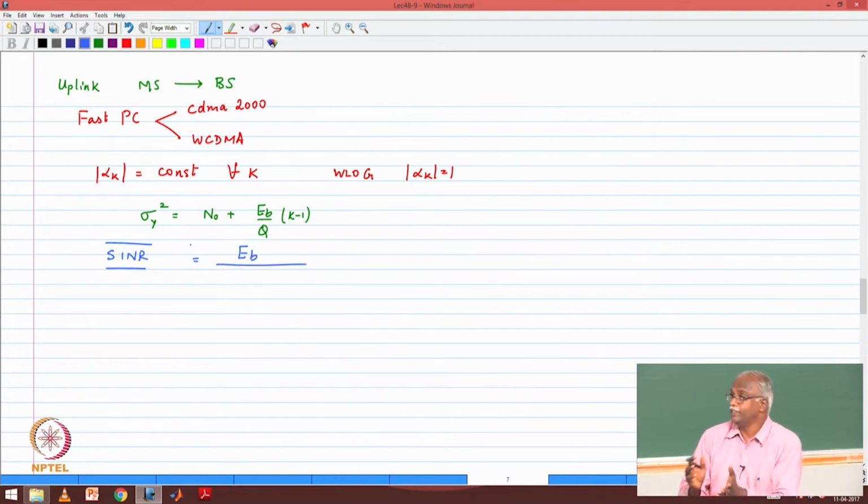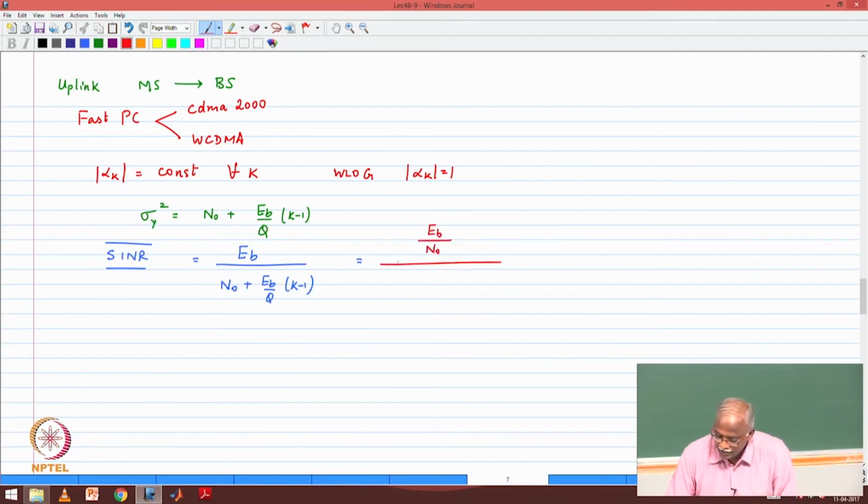The noise component, after I have taken out the mean value, is given by N naught plus EB divided by Q into K minus 1. Another interesting form of this equation: divide numerator and denominator by N naught, giving EB by N naught divided by 1 plus 1 over Q, EB by N naught, into K minus 1.